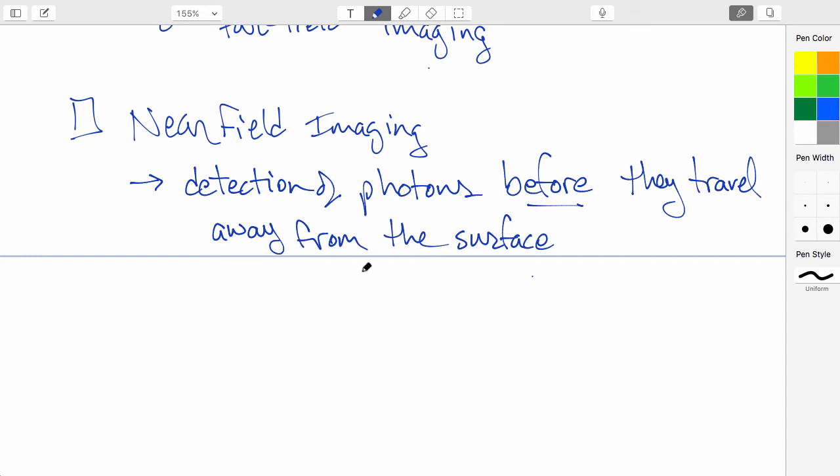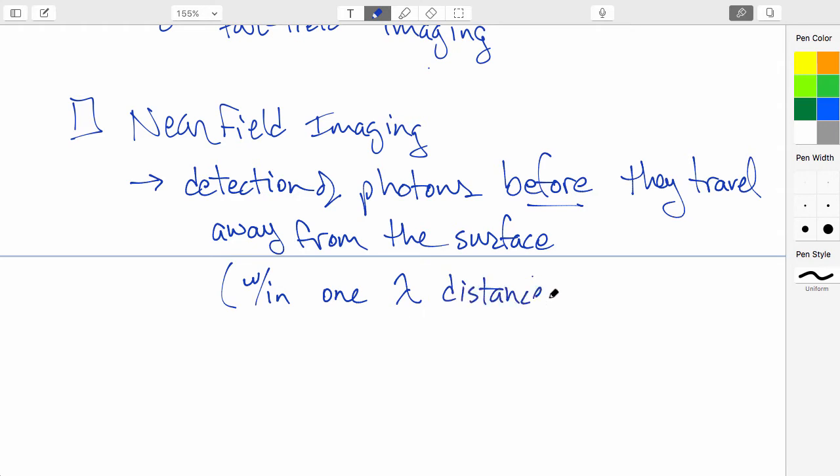And with this principle, we can get around this diffraction limit, or the Rayleigh criterion. And of course, in this case, there must be some metric of what is close to the surface and what is far away. And generally, this means that near-field imaging happens within one wavelength of the surface.